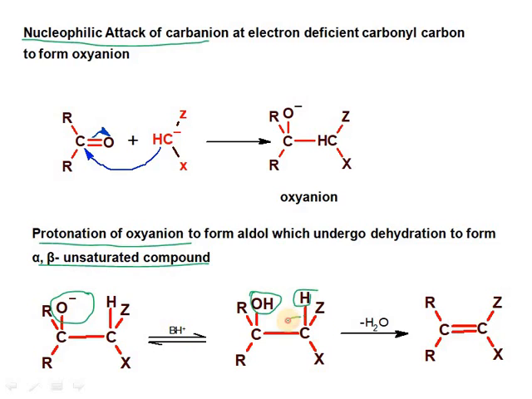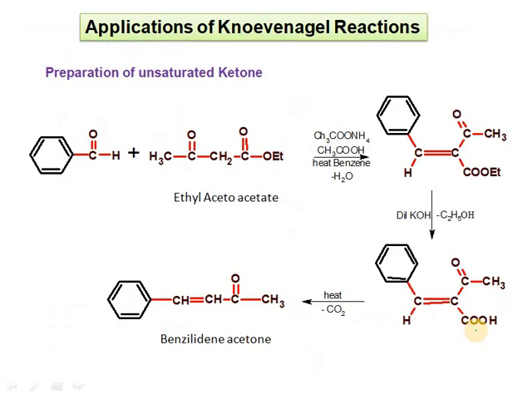The base takes the proton, forms a double bond here and the water molecule leaves, right? And we form an alpha beta unsaturated carbonyl compound.